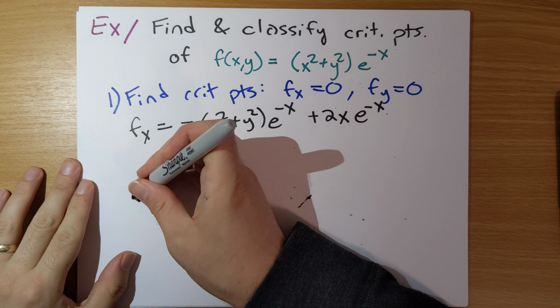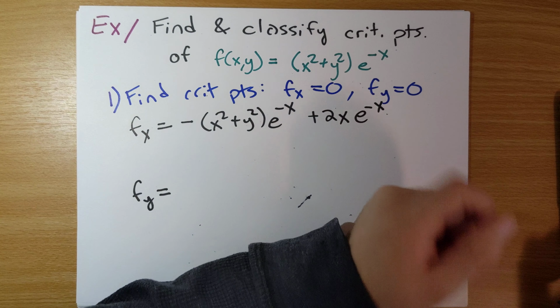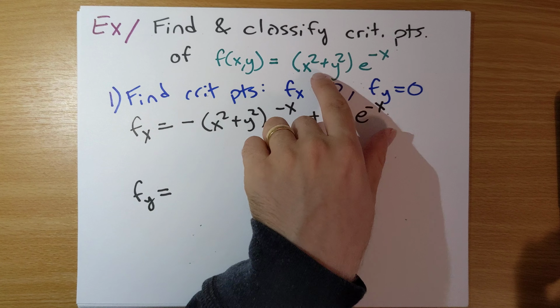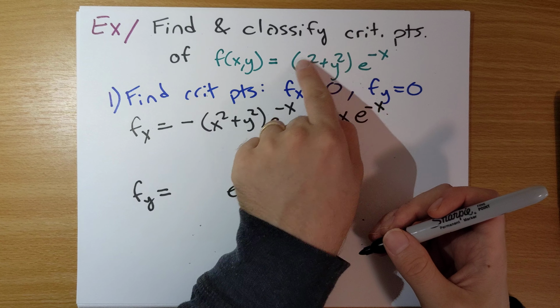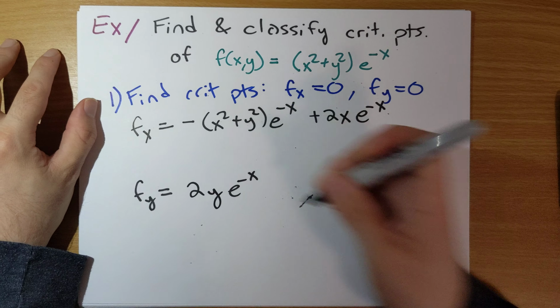And then the y partial derivative. e to the negative x is a constant with respect to y. So this is just going to be e to the negative x times the partial derivative of x squared plus y squared with respect to y, which is 2y e to the negative x.